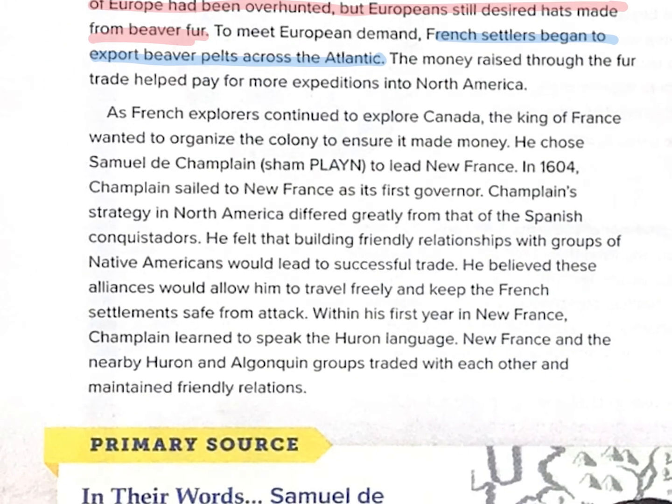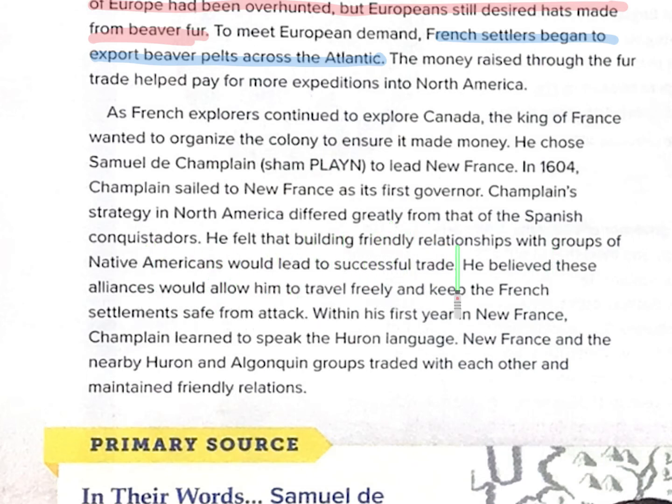Let's go on to the next paragraph. As French explorers continued to explore Canada, the King of France wanted to organize the colony to ensure it made money. He chose Samuel de Champlain to lead New France. In 1604, Champlain sailed to New France as its first governor. Champlain's strategy in North America differed greatly from that of the Spanish conquistadors.